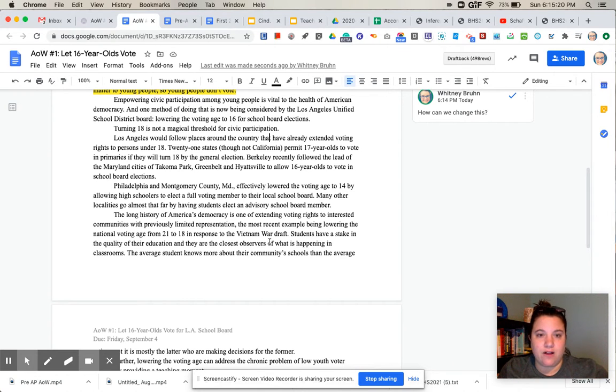Los Angeles would follow places around the country that have already extended voting rights to persons under 18. 21 states, though not California, permit 17-year-olds to vote in the primaries if they will turn 18 by the general election. Berkeley recently followed the lead of the Maryland cities of Tacoma Park, Greenbelt, and Hyattsville to allow 16-year-olds to vote in school board elections.